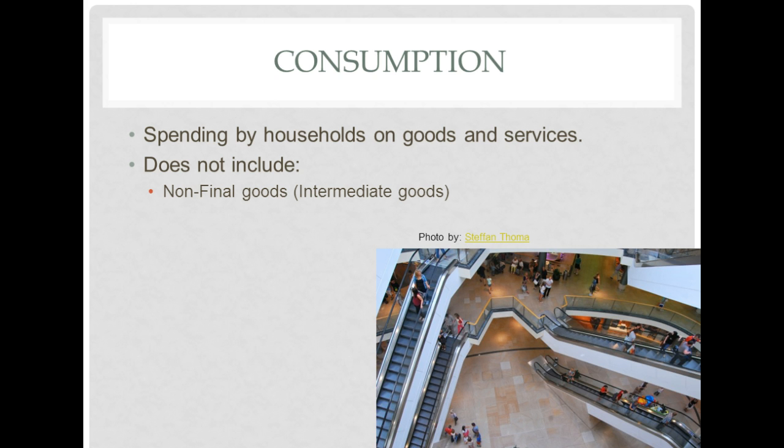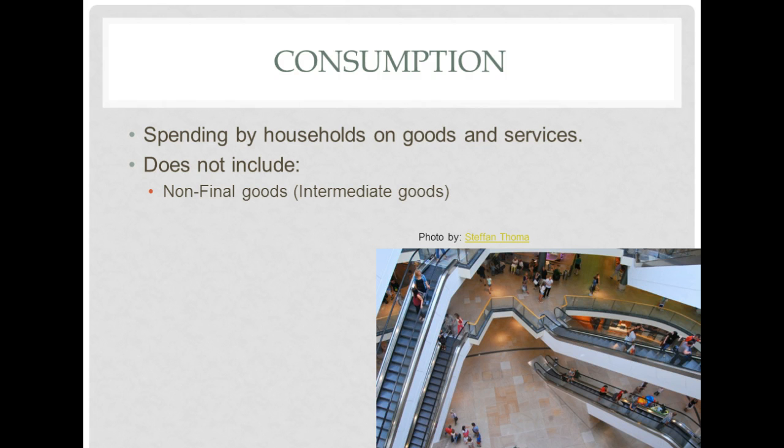The first is what we call non-final goods, or what we might call intermediate goods. And a good example of this might be, for example, if a manufacturer of rubber produced raw rubber. That probably wouldn't be counted in the GDP very often because very few people would actually buy raw rubber off the shelf at a store, let's say.